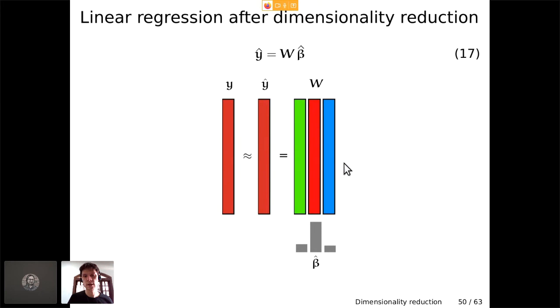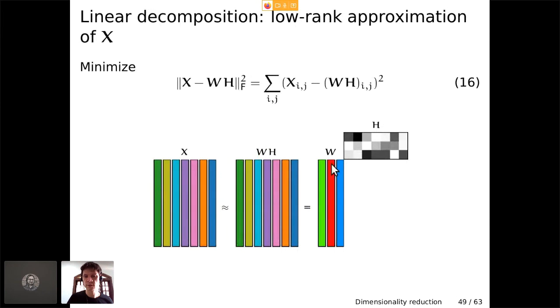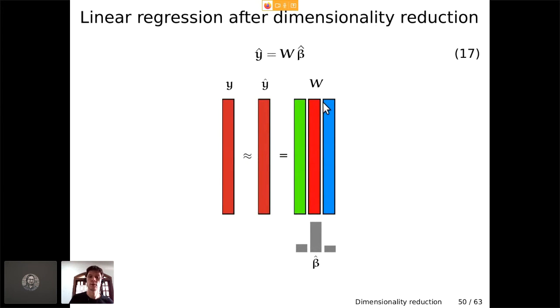And once I have computed this factorization, I can, instead of X, use this reduced dimension representation. And then when I fit my linear regression, I have fewer columns in my new design matrix, fewer coefficients to choose, and I'm working with an easier problem.